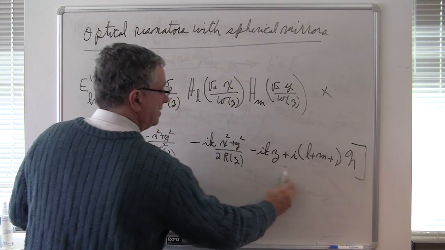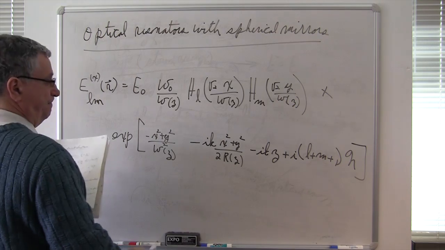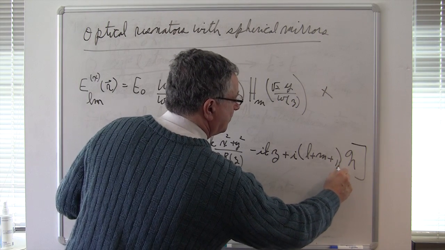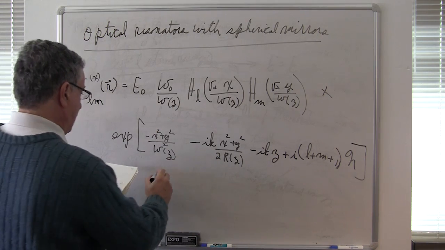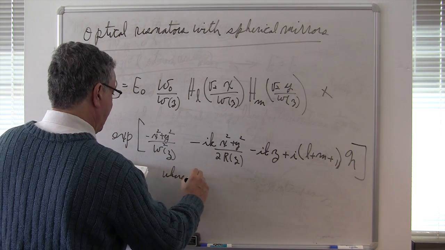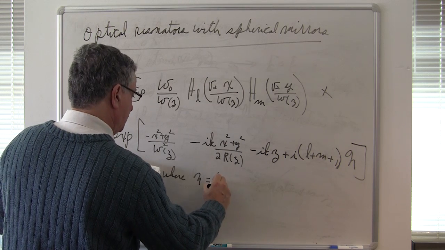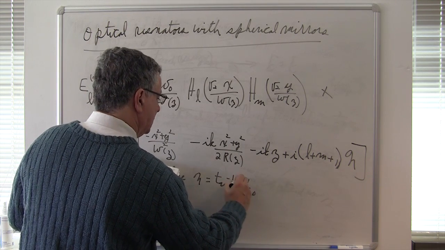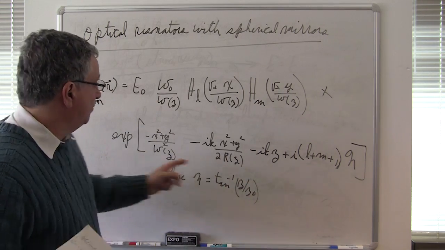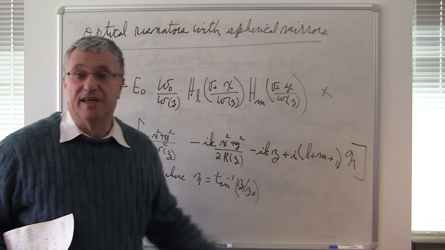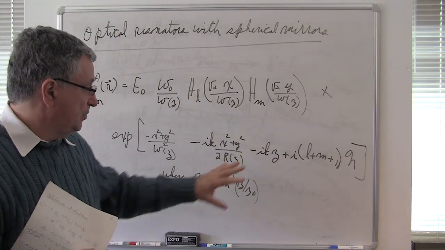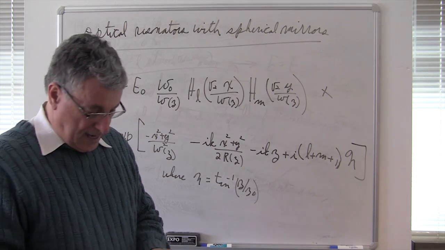This is the phase on axis, where eta is equal to tangent inverse of z over z0. So here we know how to calculate the phase on axis for a Gaussian beam. Just remember this expression.